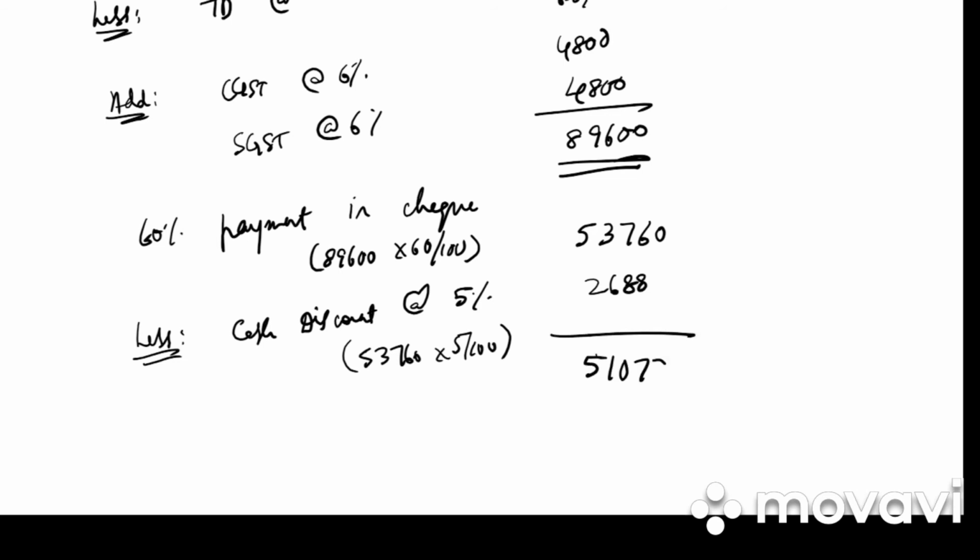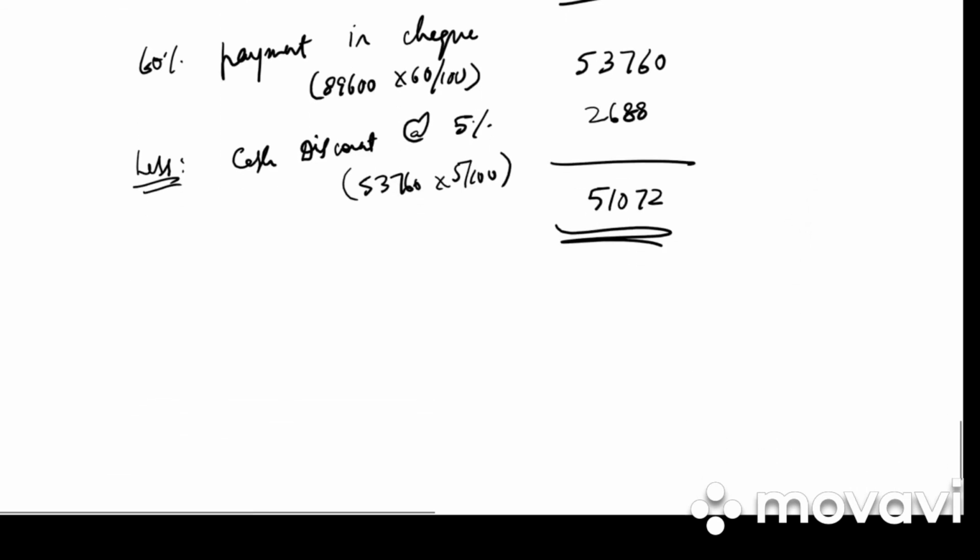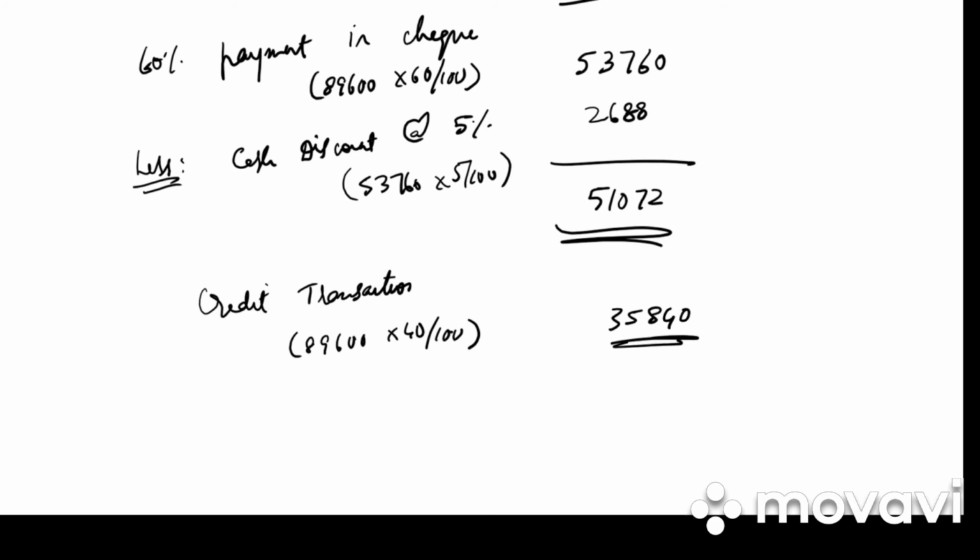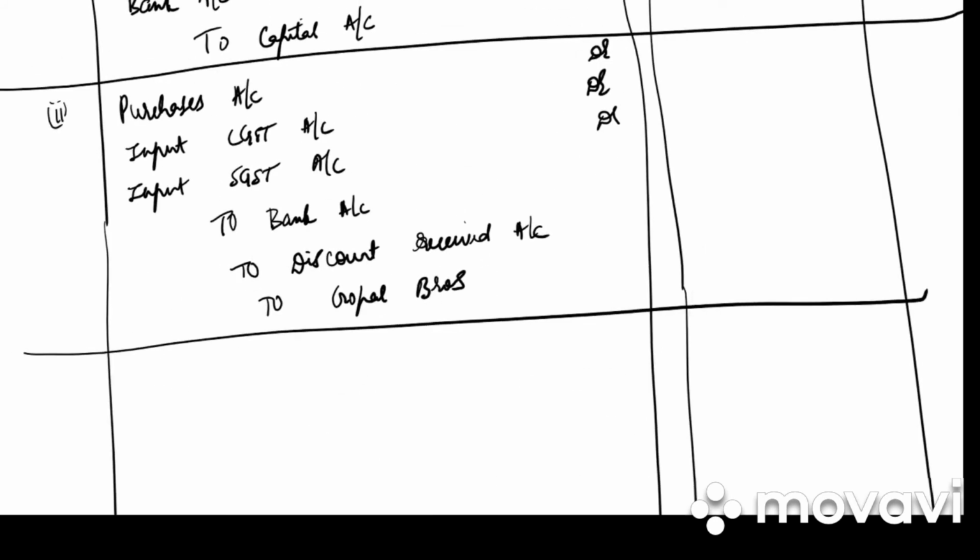We get 51,072. And what will be the credit transaction? The total purchases' 40%. So 89,600 into 40 by 100, that is 35,840. So what will be the purchases amount?